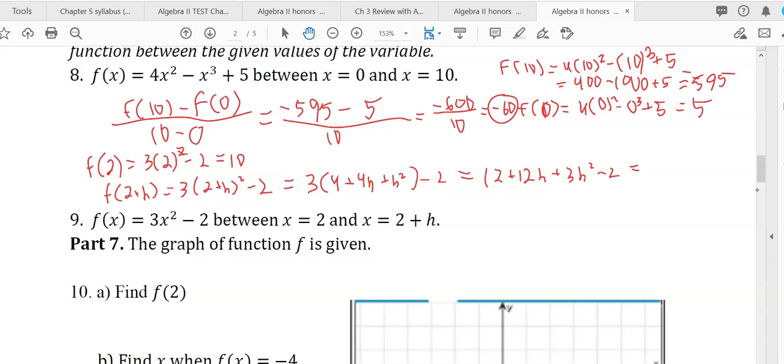Put things in the right order and just combine like terms: 3h squared plus 12h plus 10 would be our answer.